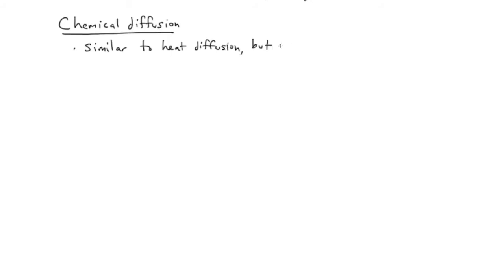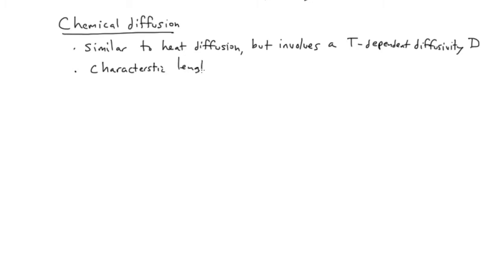But in this case, it involves a temperature-dependent diffusivity, capital D. So the characteristic length and time equation is distance squared goes as, in this case, Dt.